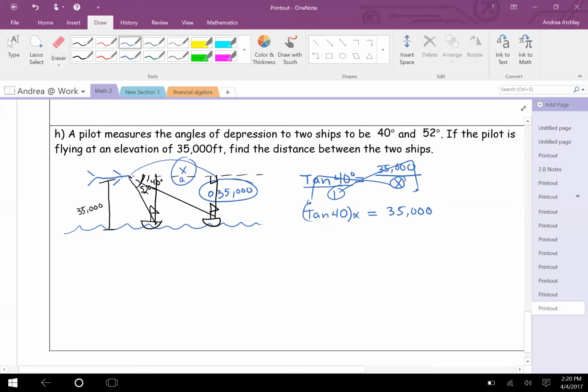My X isn't by itself, so I have to divide by the tangent of 40.